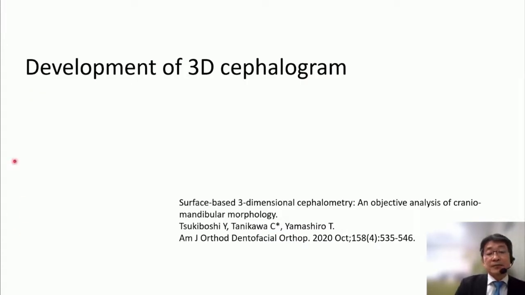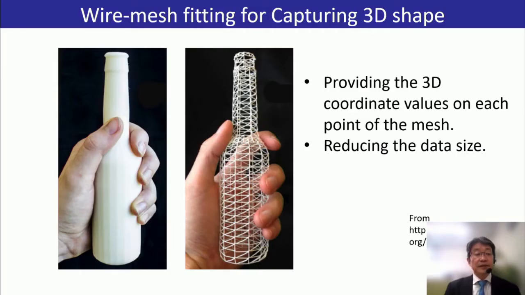And so we will describe how we developed the 3D cephalogram. The idea is simple, and we are using wire mesh fitting to capture the 3D shape. In these pictures, a wire mesh was fitted on the bottle surface, and the right panel of the bottle is represented by a 3D wireframe consisting of a triangulated mesh.